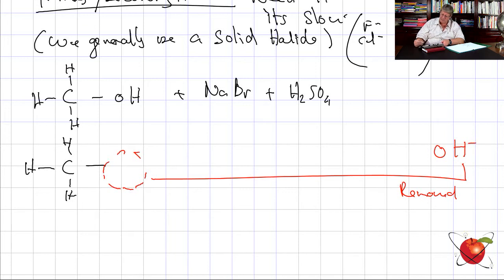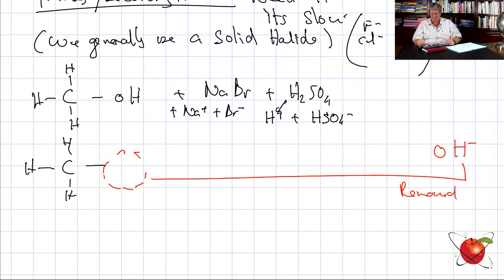But now we've got NaBr and H2SO4. Where do I get my hydrogen from? Well, what happens to an acid? It gives off the H plus, and leaves me with HSO4 minus. The acid ionizes into that, and the NaBr dissociates into Na plus and Br minus. I think you can see where this is going.